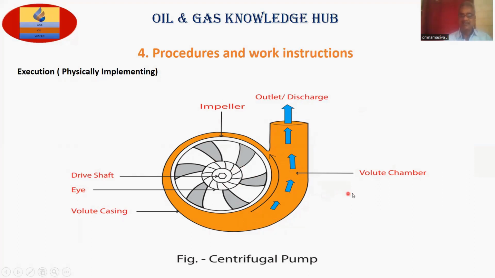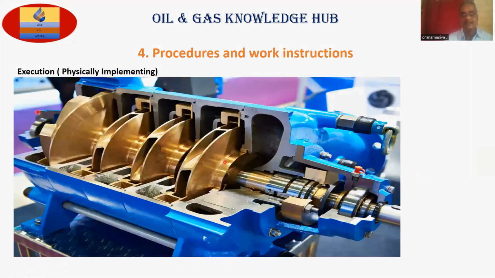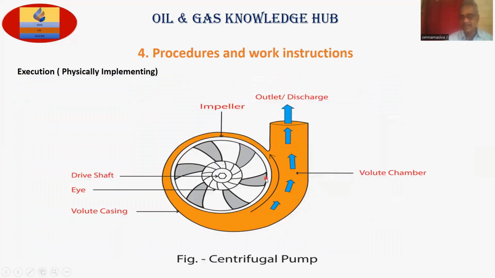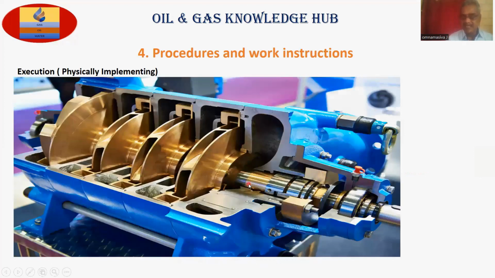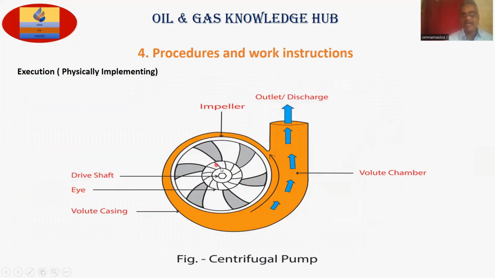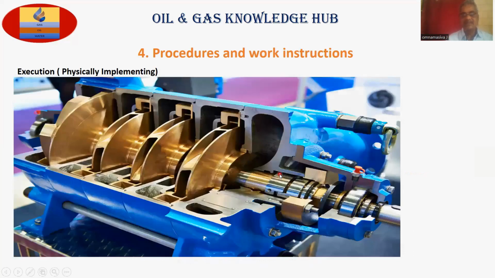So, volute chamber, this is suction line, discharge line, impellers. Different types of impellers are there. These things we will discuss at a later stage. This is a multi-stage pump. Earlier you saw a single stage pump, where only one impeller will be there. In a multi-stage pump, multiple impellers are there. This is the driven end, that is the non-driven end.